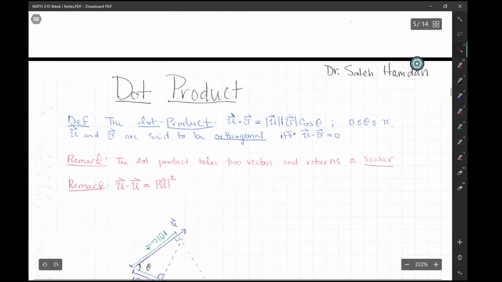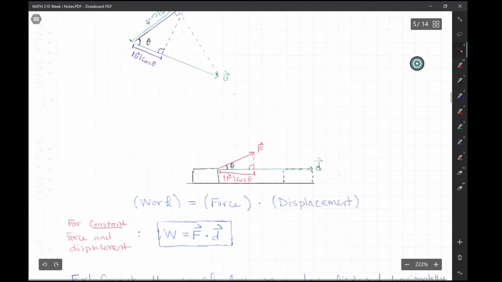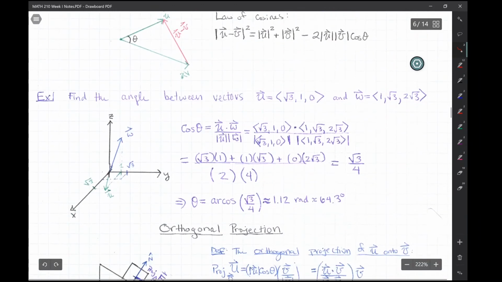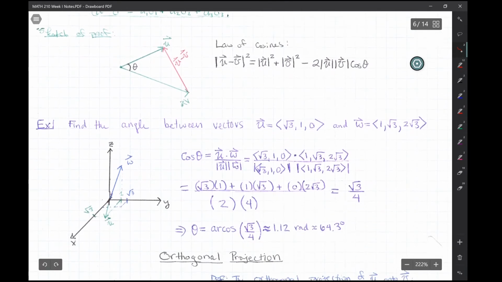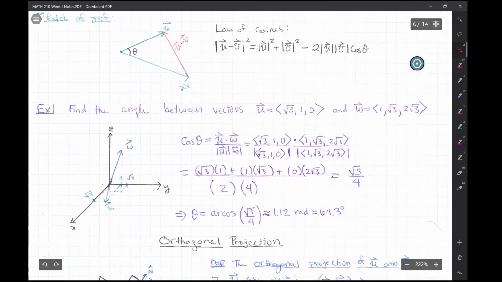So what we could do now is take this formula and divide both sides by the magnitudes of u and w, and then we would end up with an expression of cosine theta being equal to u dot w over the magnitudes. And that's really nice, because we know how to do u dot w now with components, thanks to this theorem up here. So let's go ahead and start computing.